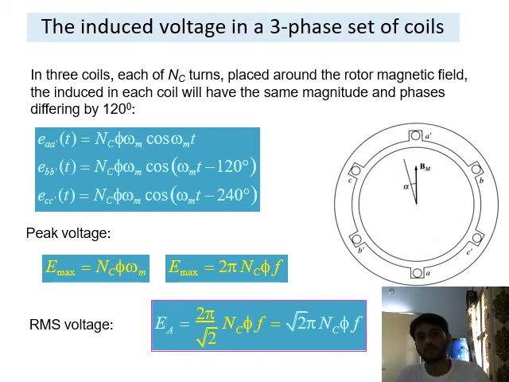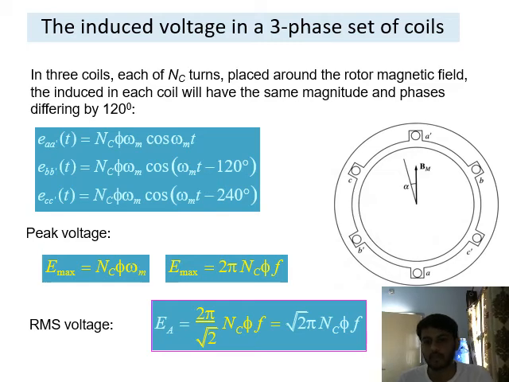We studied what synchronous machines are. In synchronous machines, we have two parts: the synchronous generator and the synchronous motor. In this chapter, we purely study the synchronous generator. Then we studied the construction and the difference between the three-phase synchronous generator and the three-phase induction motor.